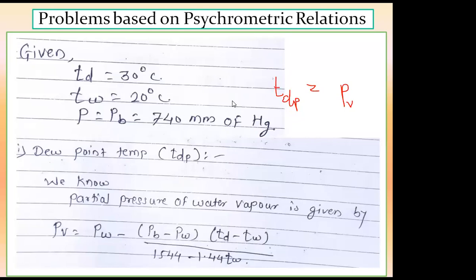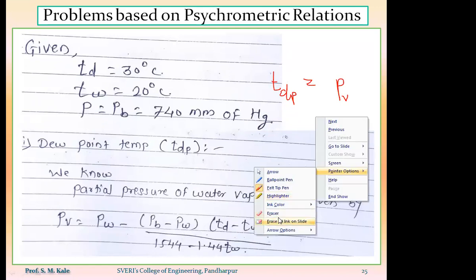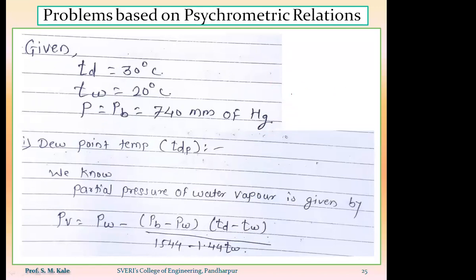So first of all, I need to convert that pressure from mm of Hg into bar. And for conversion of mm of Hg into bar, I should know that 1 bar is equal to 750 mm of Hg. 1 mm of Hg is equal to 133.3 mm of Hg.